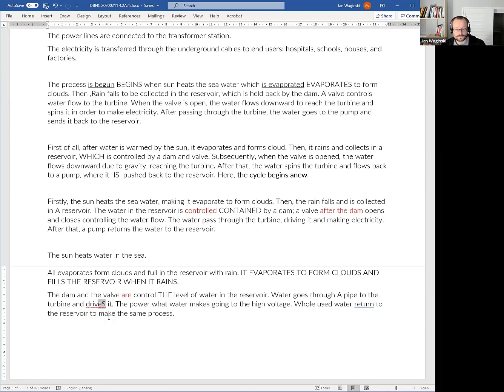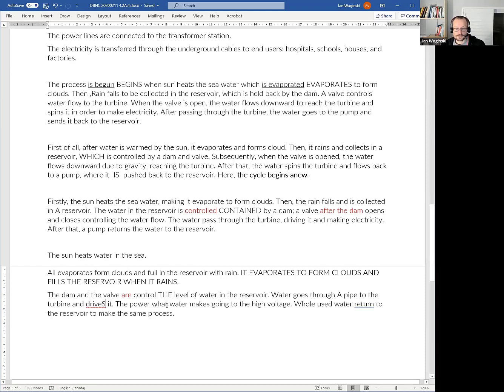Every time you say he, she, it, the process, the dog, the car, the house, it always has an S with present simple. Okay, you have to fix that. Goes through a pipe to the turbine and drives it, spins it.